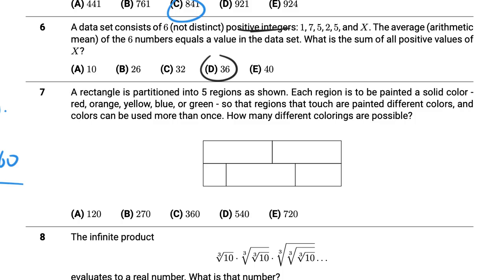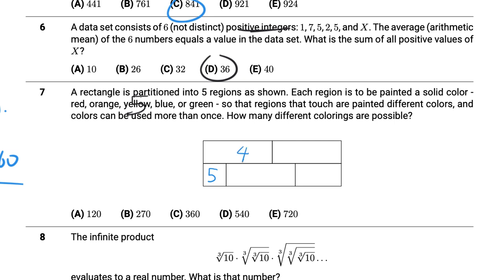Each region can be colored with one color. You can do red, orange, yellow, blue, green. So these are 5 colors. How many different colorings are possible? This can be colored with 5 colors. Then this adjacent square here can be anything except this color, so it's 4.